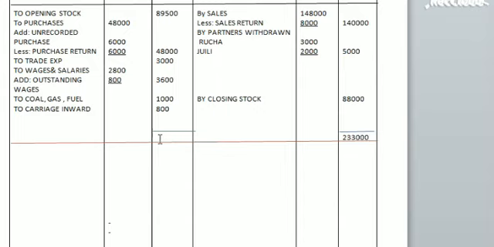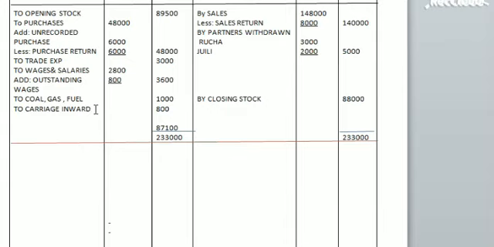Now we'll bring the total here, same here on the debit side, 2,33,000 rupees. And now we are going to minus all our debit side items, all our expenses, and after that the difference amount is our gross profit, and therefore the gross profit is 87,100.